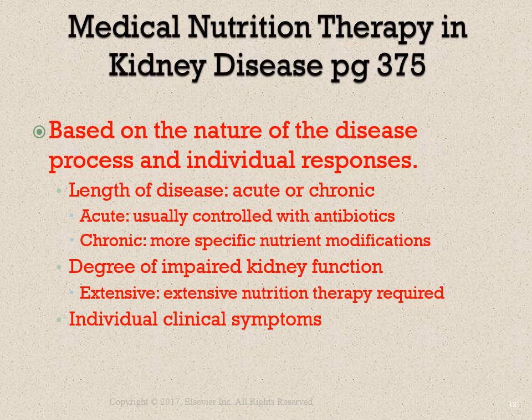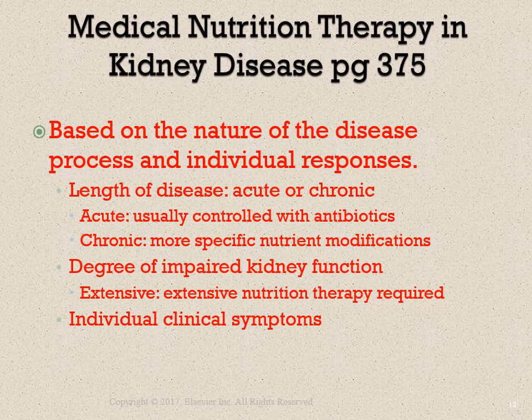The length of disease can be acute or chronic. Acute is usually controlled with antibiotics. So if it's just acute right now, something occurred right now, then it can be controlled with antibiotics. It's not something that's going to be a long-term problem. But chronic has much more specific nutrient modifications.